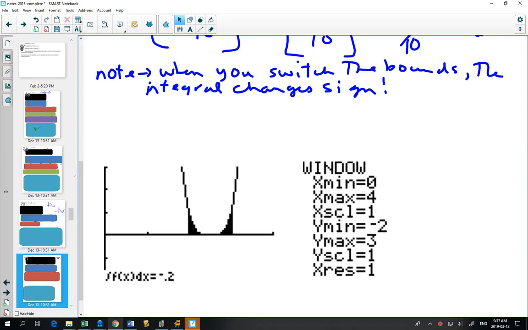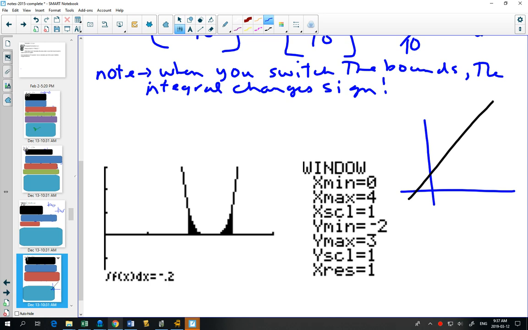Now, a little explanation. You know when I showed you the picture earlier today where we had the line and we figured out this area was 10, but our integral said 12 minus 2, and I talked about how this little area was 2, and when we figured out the 12, it figured it all the way back to 0, and then figured this one back to 0 as well, and that gave the 12 minus 2.